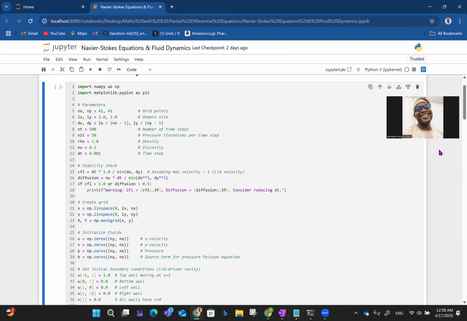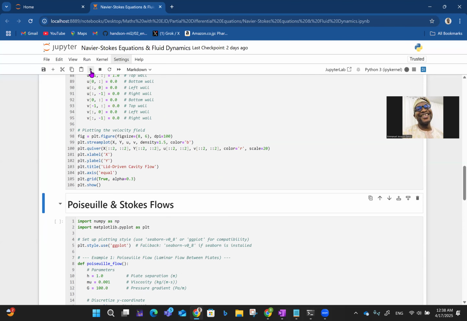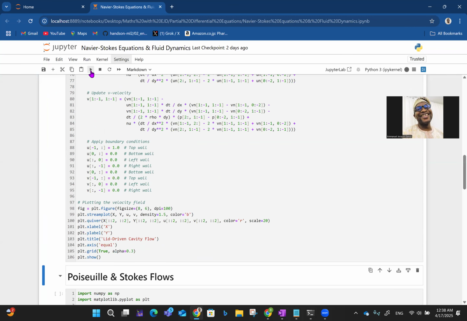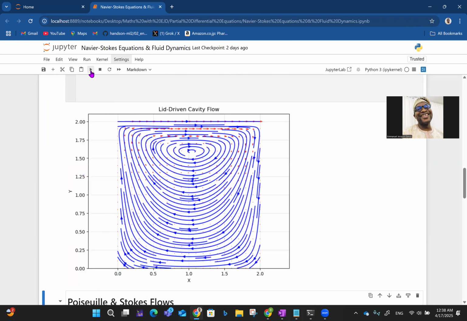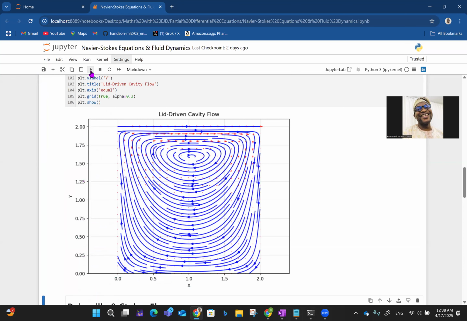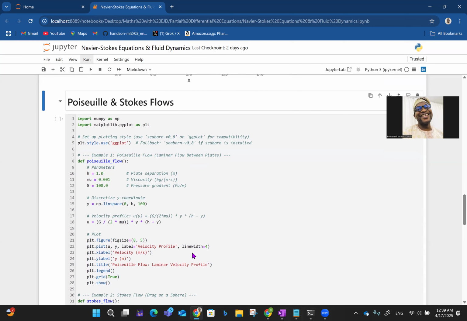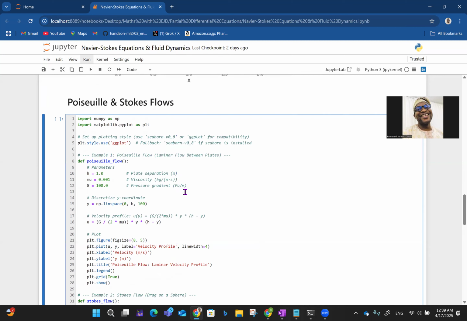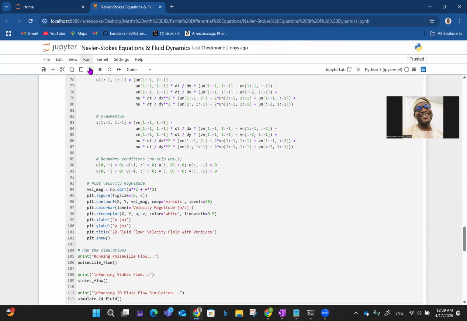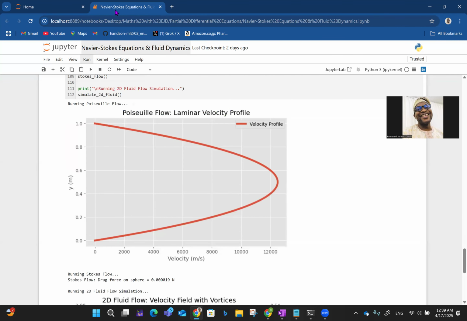So, of course, you study the code later. I'm trying to save time. So you see that lid-driven cavity flow. It's more like you have a fluid in a container and then it begins to flow around. You can see the arrow going in that direction. Then just now we talked about Poiseuille and Stokes flows, so we are going to have the two together in one. You see we have the Poiseuille profile, which is a laminar velocity flow, a very smooth kind of flow.